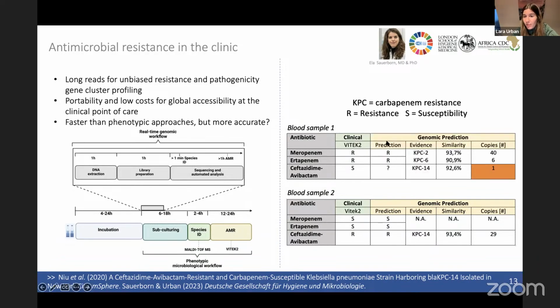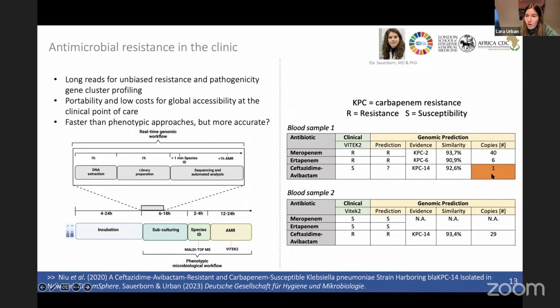Now, for blood sample 1, we could also confirm the resistance to carbapenems that was found originally in an experimental setting because of these typical KPC genes that are conferring resistance to carbapenems. Now, what was interesting is that one KPC14 gene, which here allowed us to predict the resistance to ceftazidime avibactam, was already there in this sample with just a single copy.